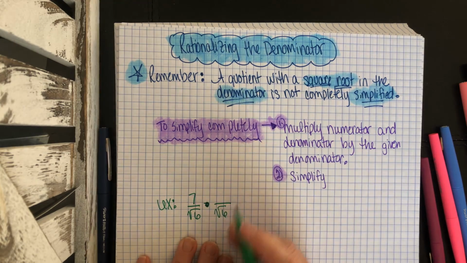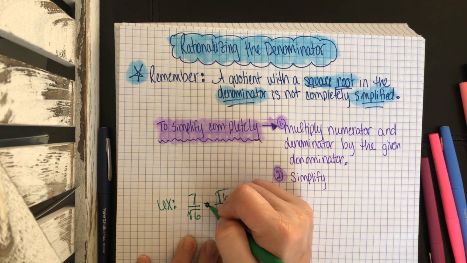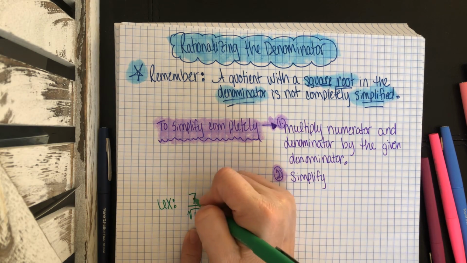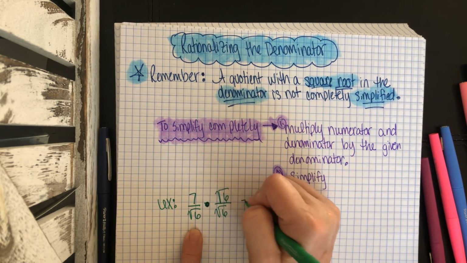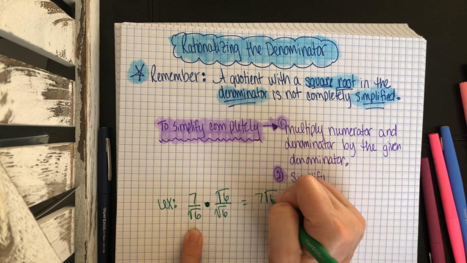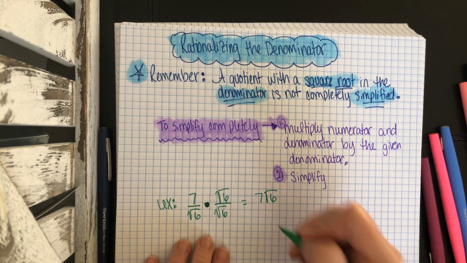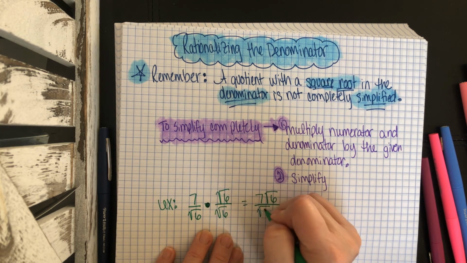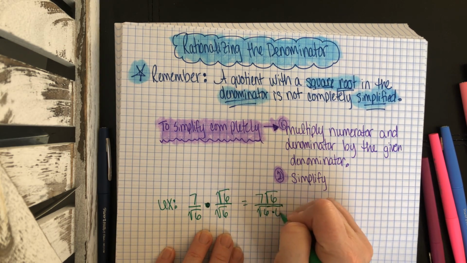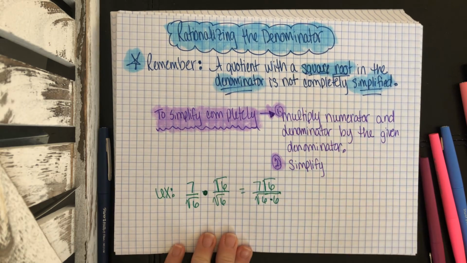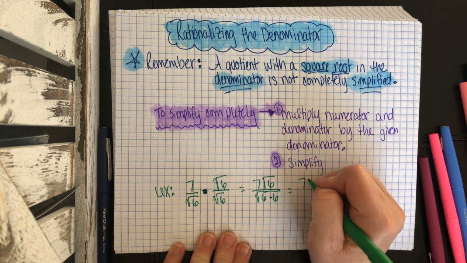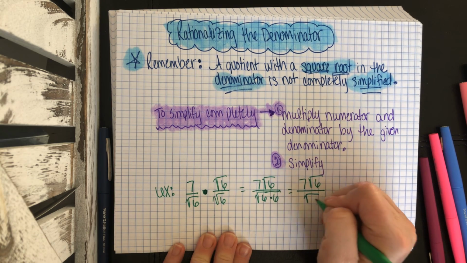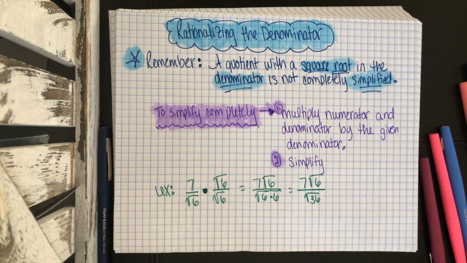So I need to multiply both numerator and denominator by the square root of 6. So this 7 times the square root of 6 is 7 root 6. Remember, the square root of 6 times the square root of 6 is the same thing as that. So this is going to give us 7 times the square root of 6 over the square root of 36.